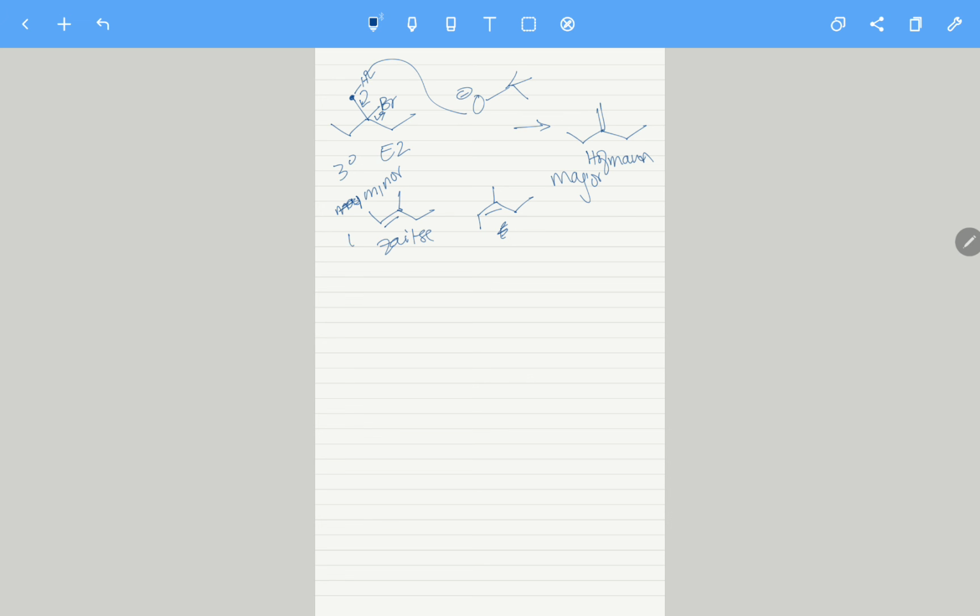Sorry, this is the E, and then this is the Z. Okay. Now there will be a very tiny amount of SN1. Very tiny amount, nothing to really write home about. It's so minor that we don't really care about it. It's almost none.